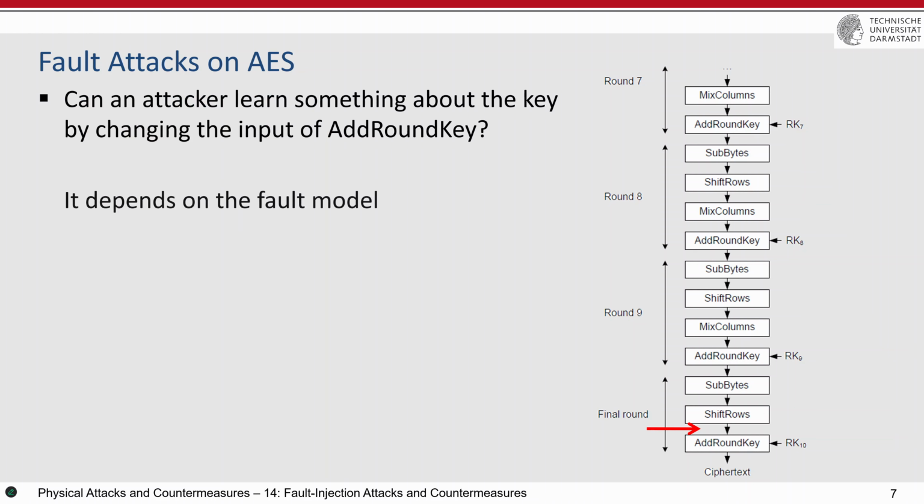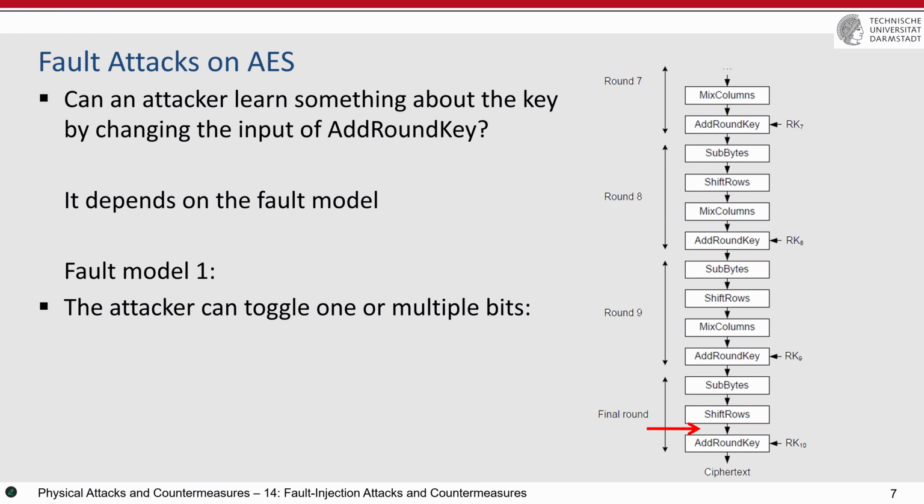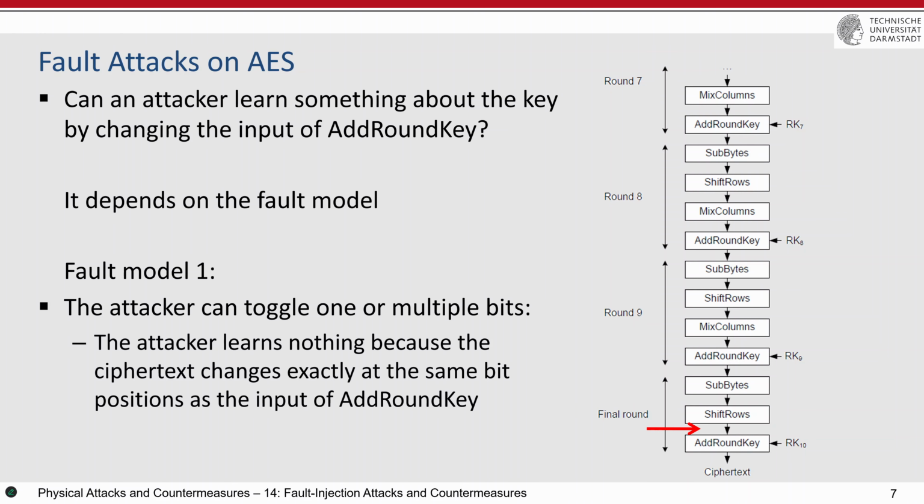This depends, of course, on the fault model that we have. In the first fault model, we say the attacker can toggle one or multiple bits. Toggling fault model. For example, you have here 128 bits and you want to toggle the first bit, the LSB. Then you will learn nothing. Because again, with the toggle fault model, the delta will pass exactly to the ciphertext.